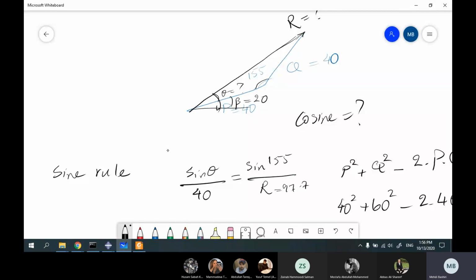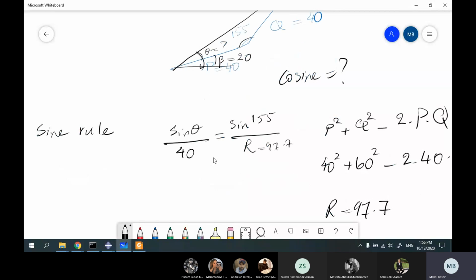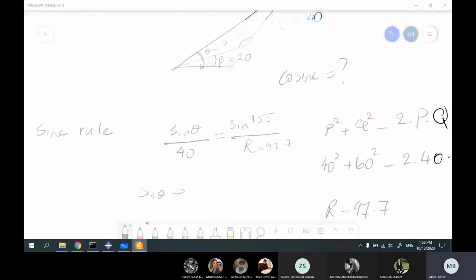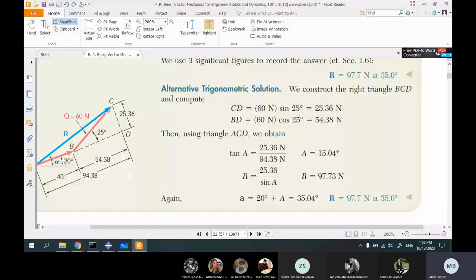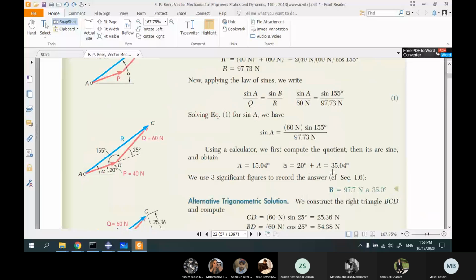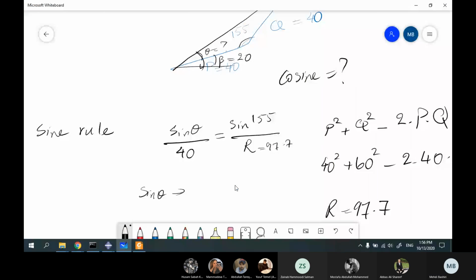So everything is known now. We can easily find sine of theta. And what is theta at the end? 15.04. So theta is 15.